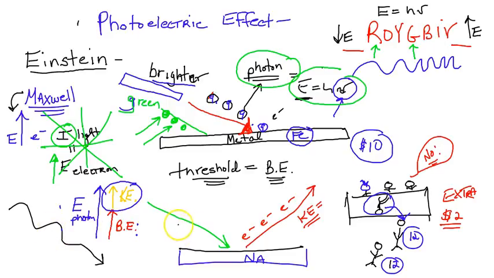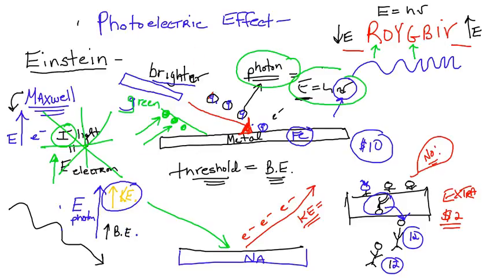So, therefore, if I shoot it with the same green light, okay, the photon's the same, but because it holds on to electrons so much weaker than iron, its binding energy is going to be a lot less, which means what, party people?